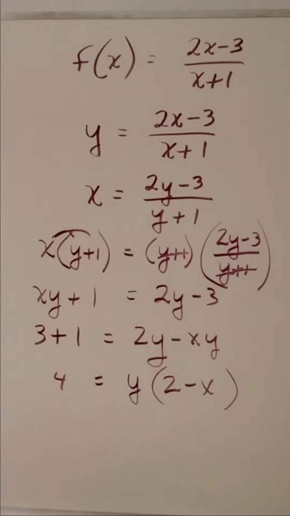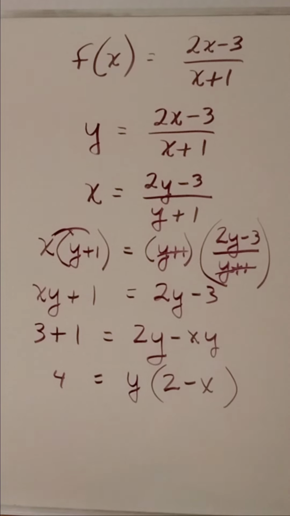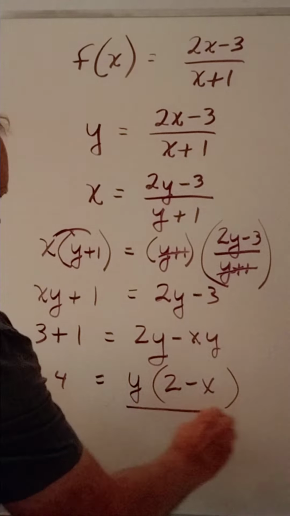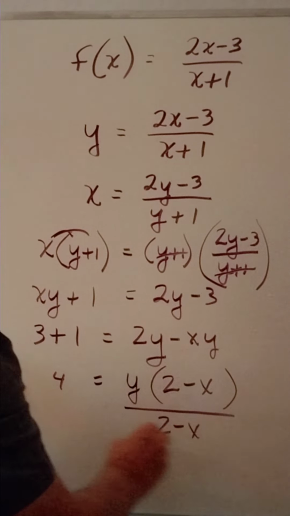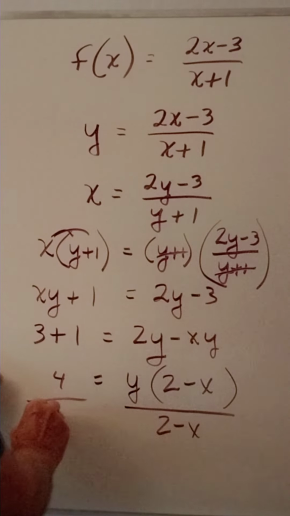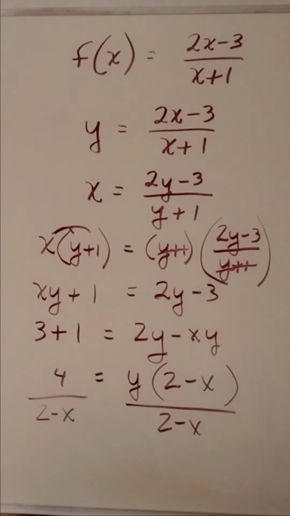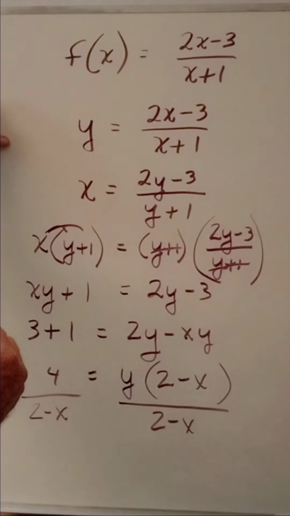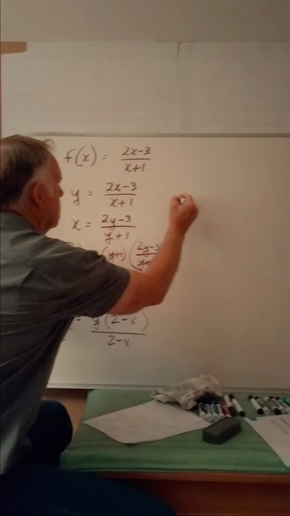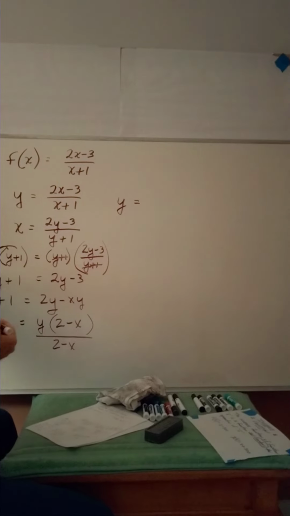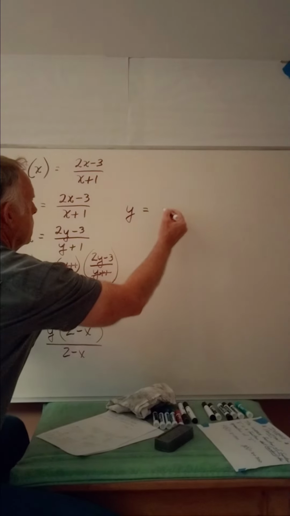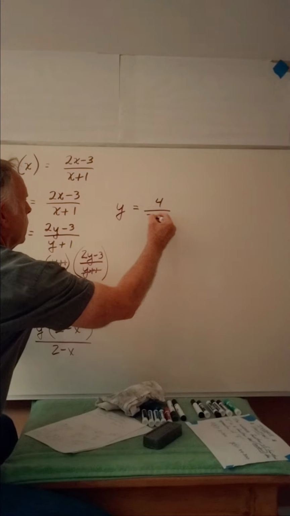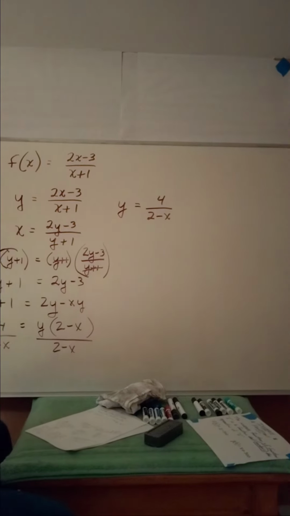Now we're able to find the value of y. Divide the right-hand side by 2 minus x, and divide the left-hand side by 2 minus x, and we'll end up getting this: y is equal to 4 over 2 minus x.